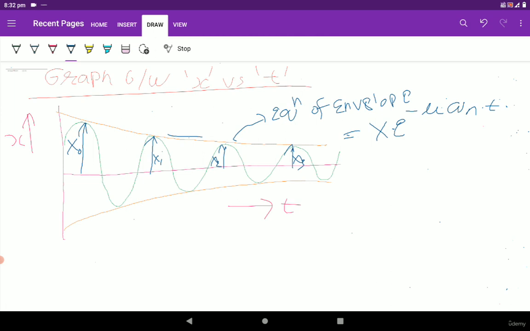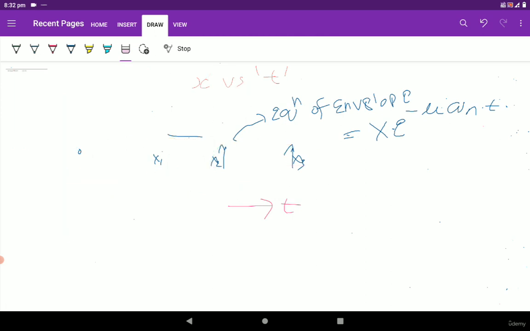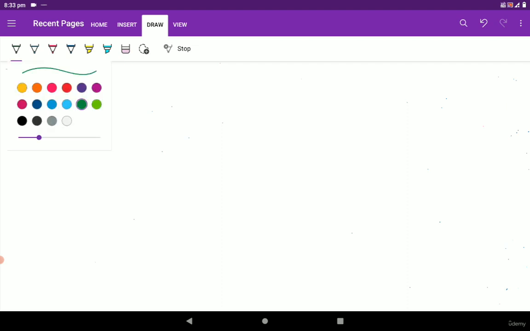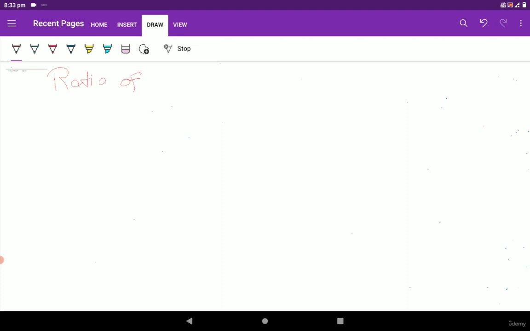Now let's calculate the ratio of successive amplitudes.